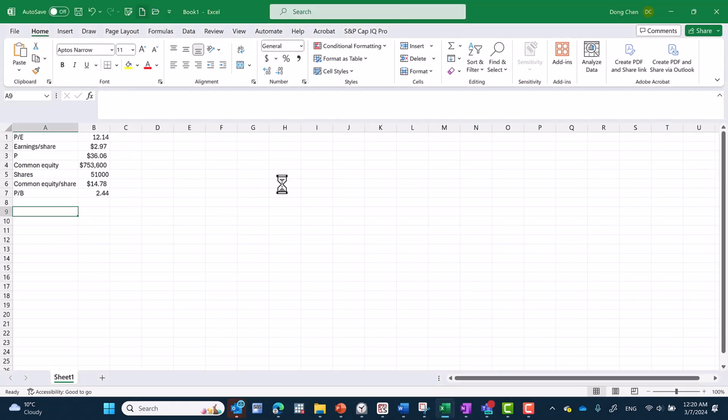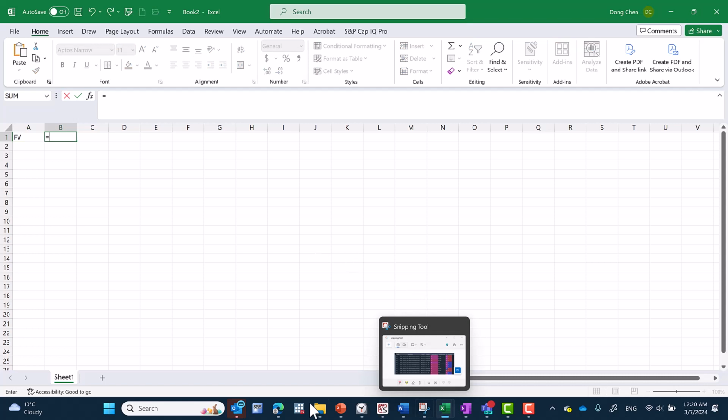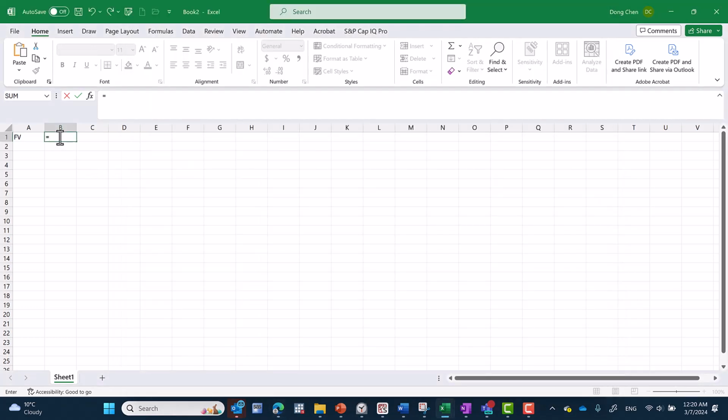Let me open a different worksheet. Future value is 3065.80, and present value is 1,000, and n, which stands for the number of years, is 13.